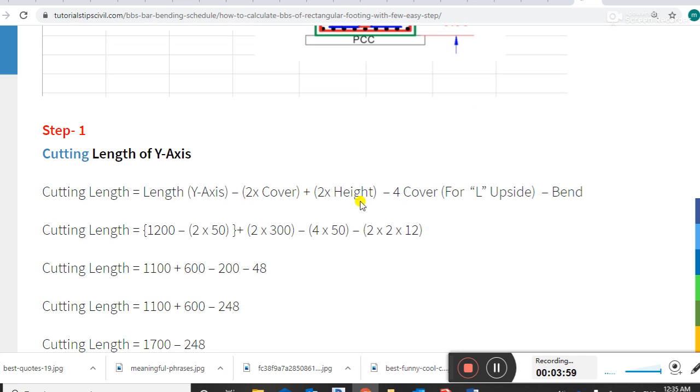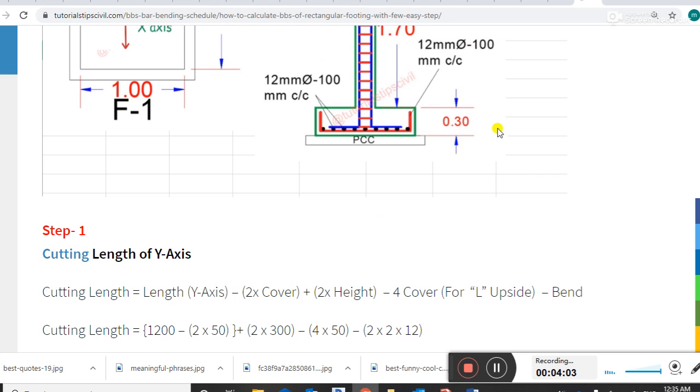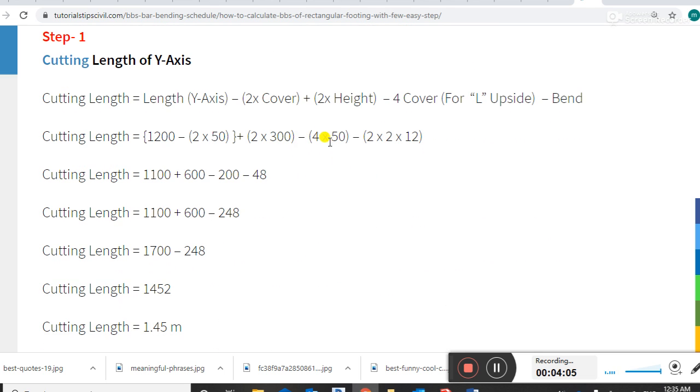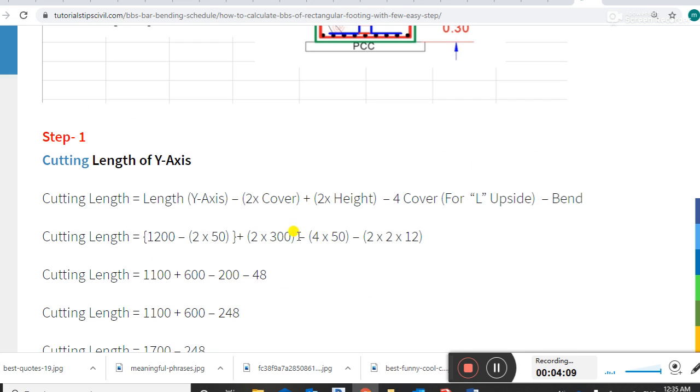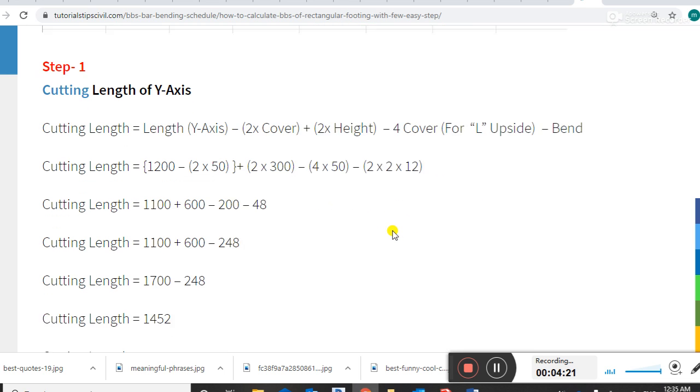0.3, multiplied by 1000 because this is in meter, converted to millimeter it is 300 millimeter, minus 4 cover. 4 is in the formula and cover is 50, minus 2 bend, 2 into 2 into 12.